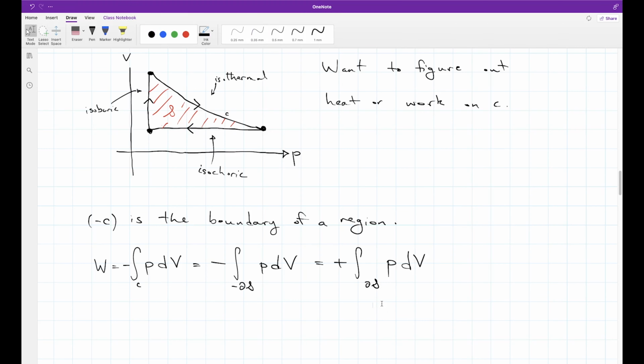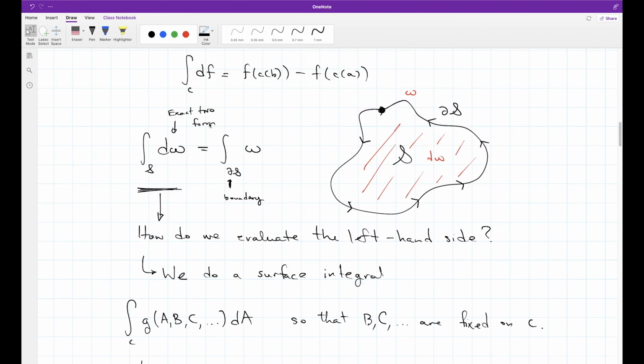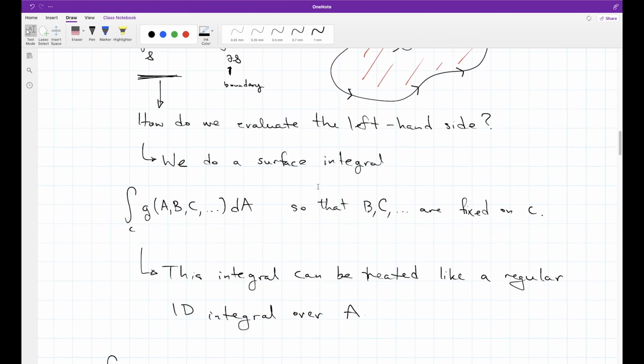Good. Now, just going back to Stokes's theorem, I'm supposed to compare the line integral over the one form with the surface integral of the exterior derivative of the one form.